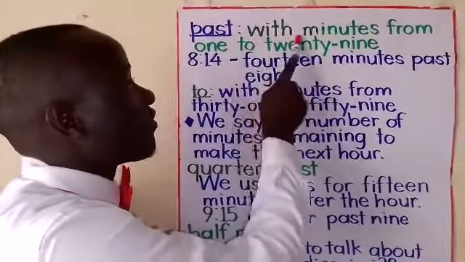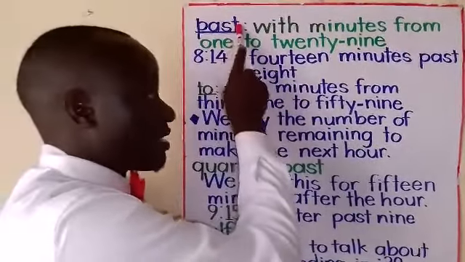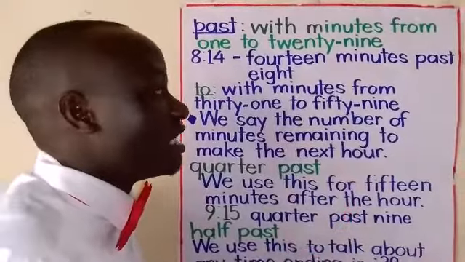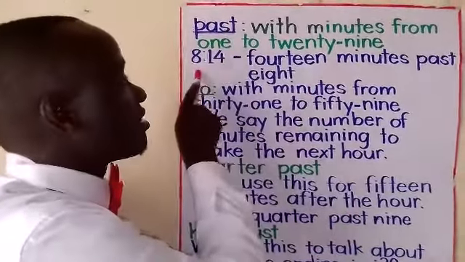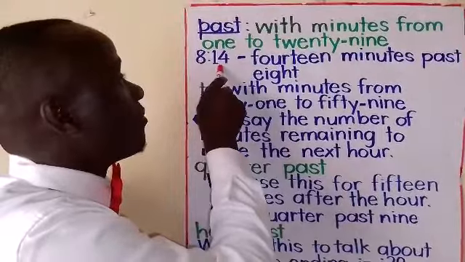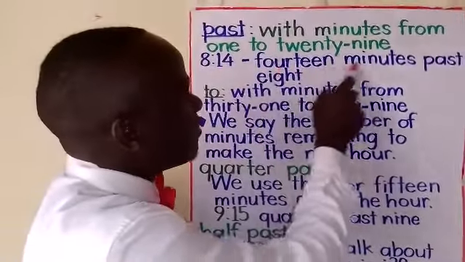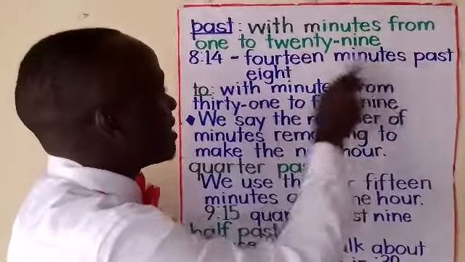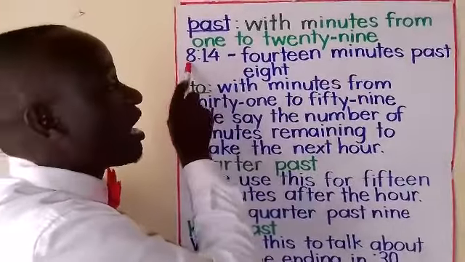So from the first minute up to the 29th minute, that's when we can use this word past. For instance, if the time provided here is like this, we say 14 minutes past 8. We begin with the minutes and then we end with the hour.